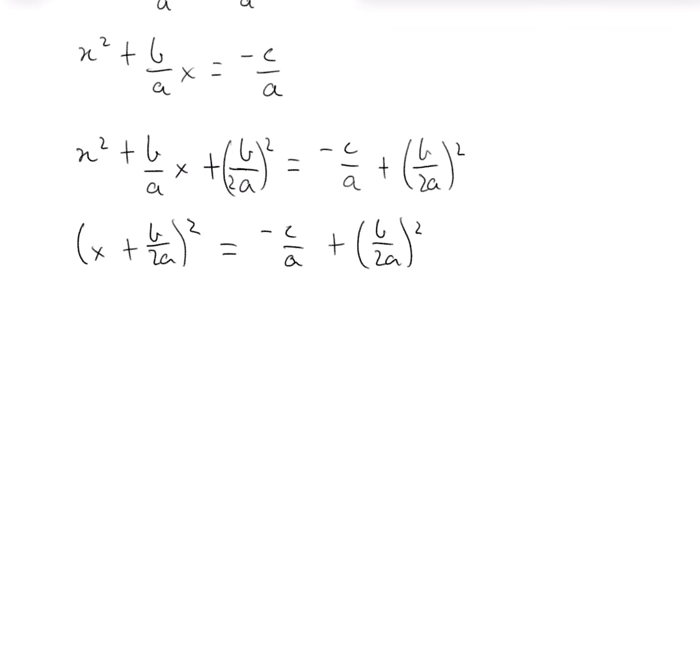Okay, now I can take the square root of both sides. So I take the square away from the left-hand side. And when we do that, we have to take the positive and negative of the square root of negative c over a plus b over 2a squared.